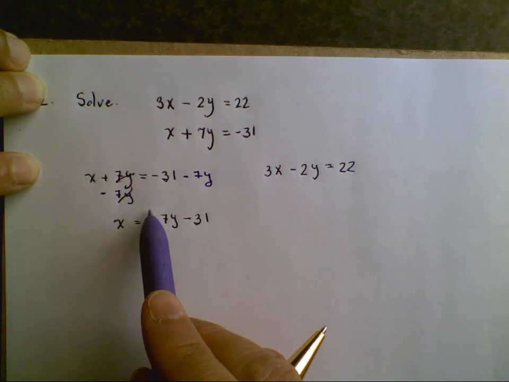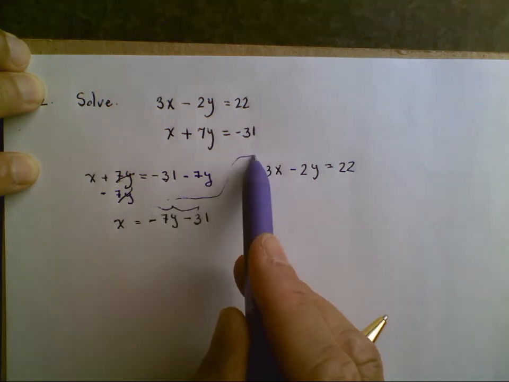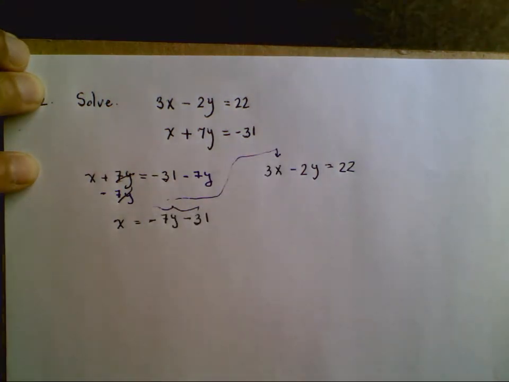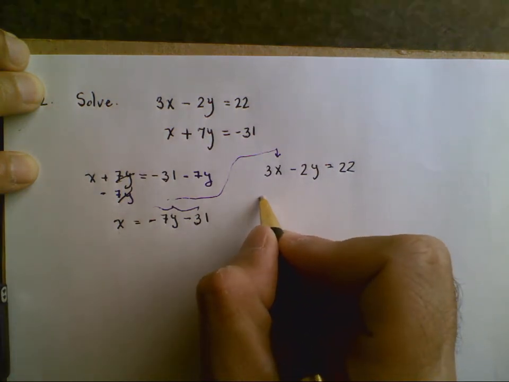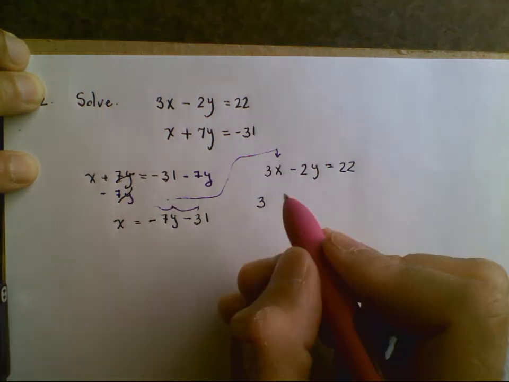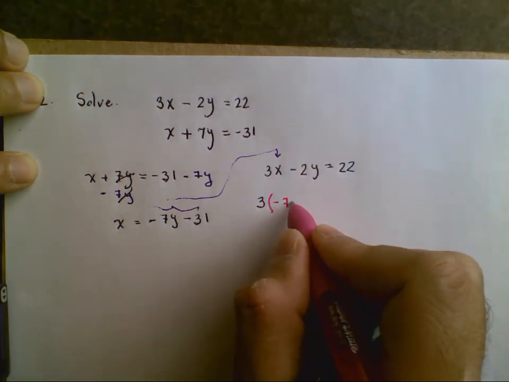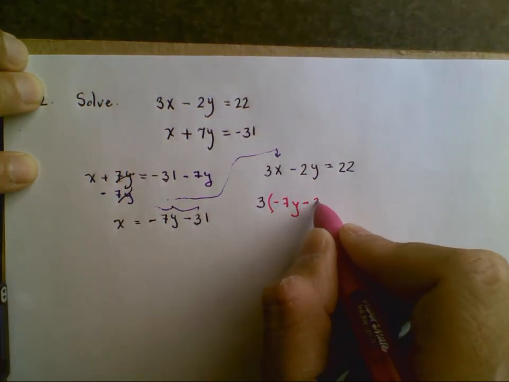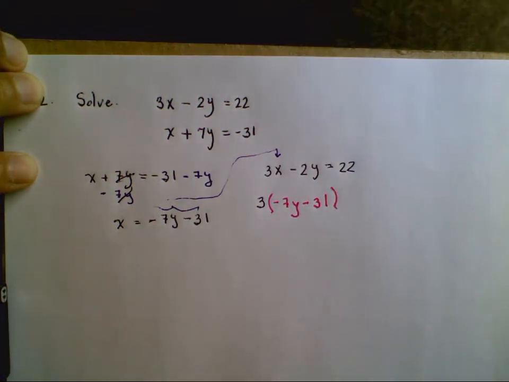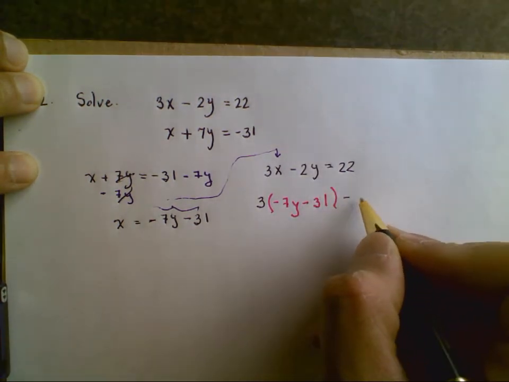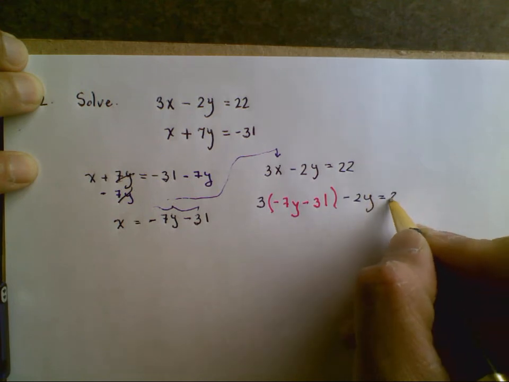So I take this expression and we make the substitution for x. So I have 3 parentheses. Where is the value of x? Negative 7y minus 31, close parentheses. Then we write the rest, minus 2y equals 22.